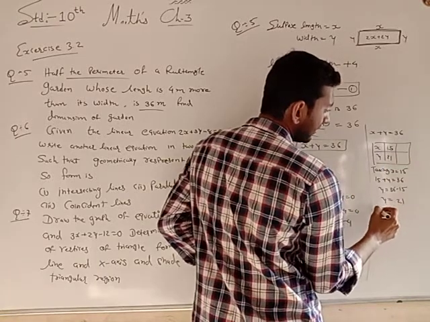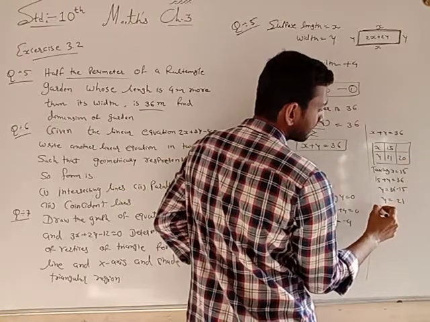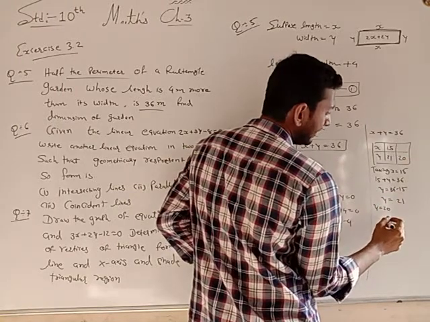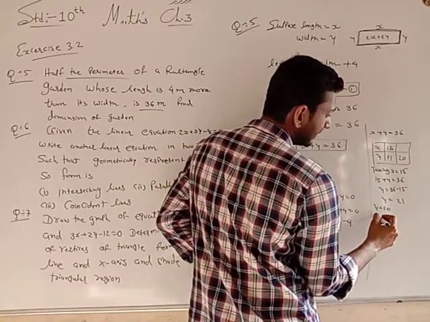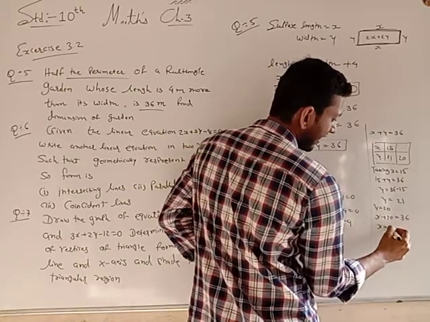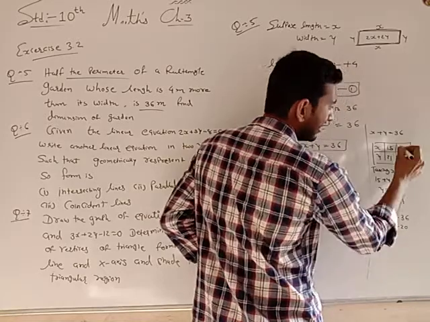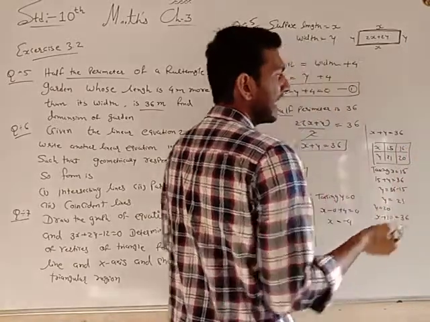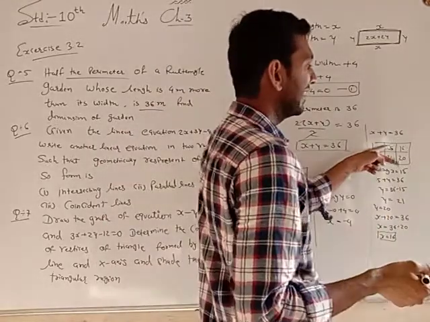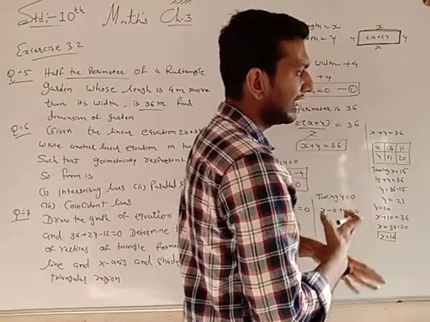Taking y is equal to 20, then what is x? y is equal to 20, then x plus 20 is equal to 36. So x is equal to 36 minus 20. x is equal to 16. The values are quite large, but we can represent all the values on the graph, and you get two intersecting lines.